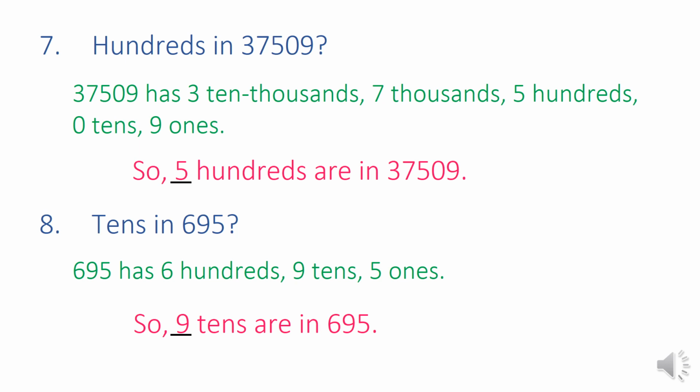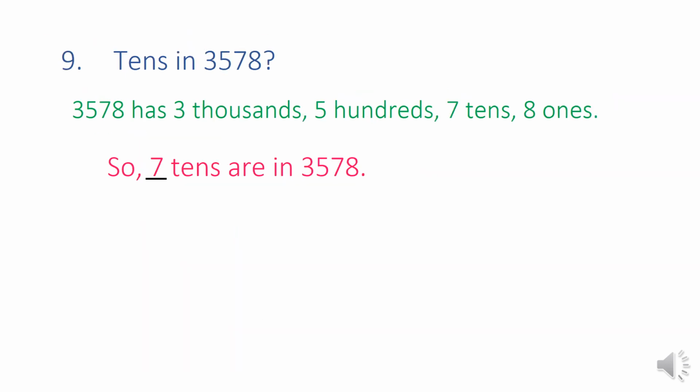So 9 tens are in 695. Our last question is, how many tens are in 3,578? 3,578 has 3 thousands, 5 hundreds, 7 tens, and 8 ones.